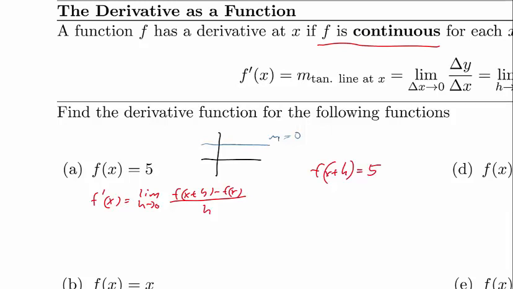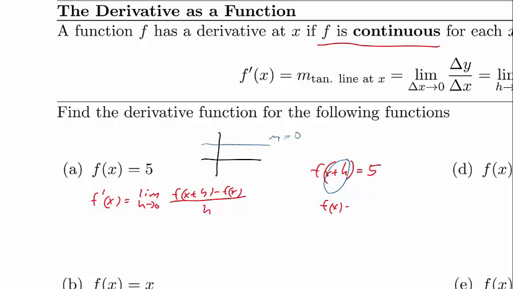Well, it's going to be 5, right? And you might be wondering, why is that so? Well, anywhere we see an x expressed over here, we replace that with x plus h. I see no x's over here, so there is nothing to replace. It will always be 5, no matter what value for x you put in.